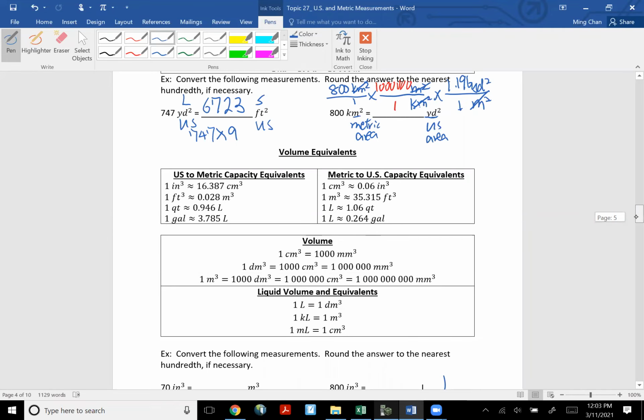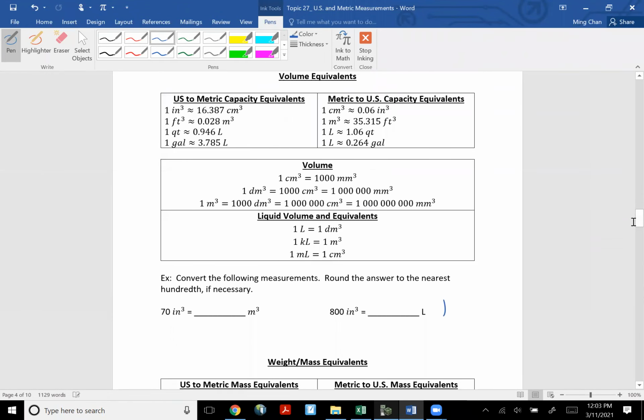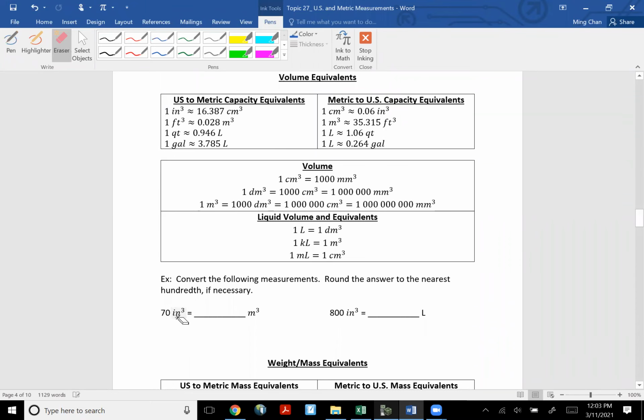All right, so this is a little bit tricky. Okay, cubic inch, that's US volume. Cubic meter, that's metric volume. So I need to end up in cubic meters. So I got cubic inch to cubic centimeters.